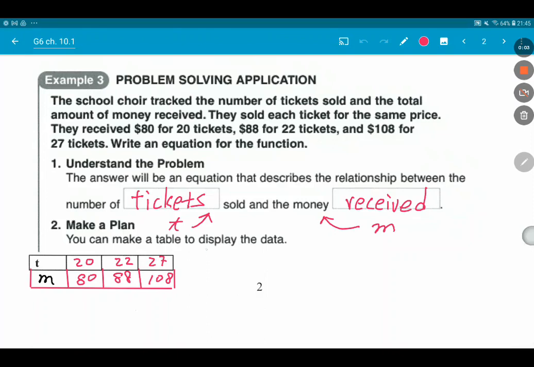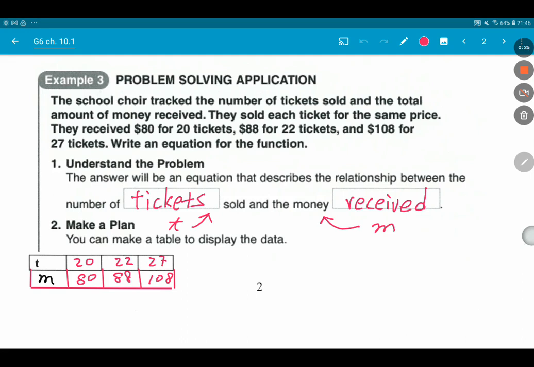So for part 2 of the video, just now we gave the nickname of T to the number of tickets sold, and we give the nickname of M for the money received. And then the next step is you draw out the table of values. That's how we call it.